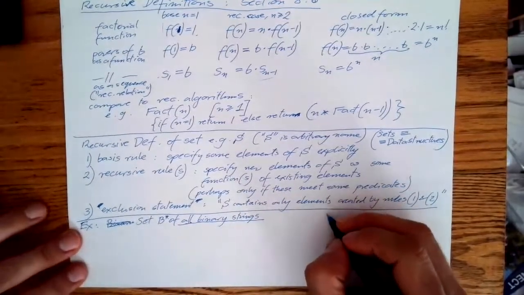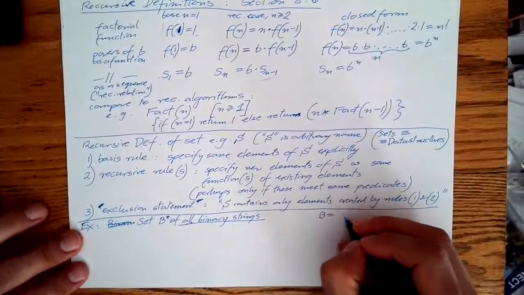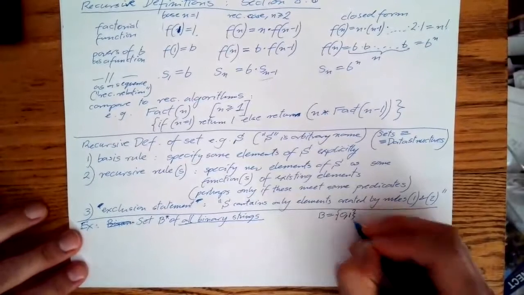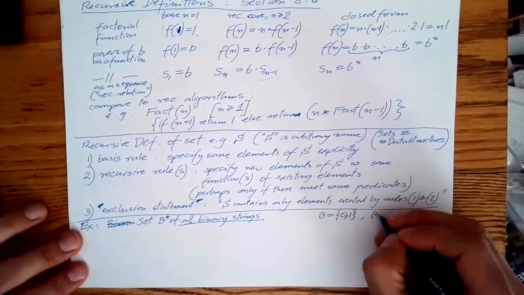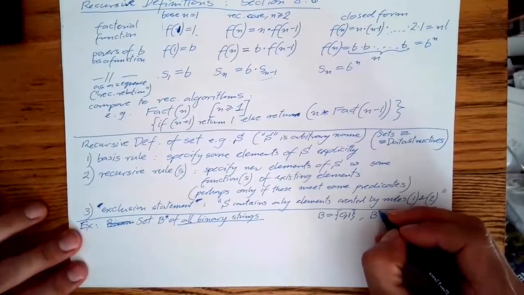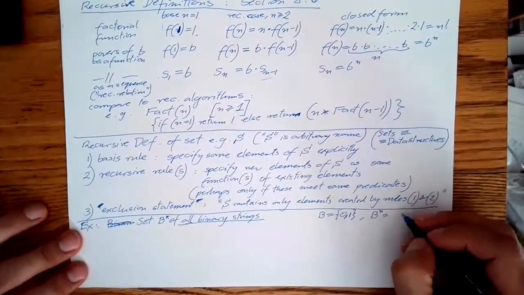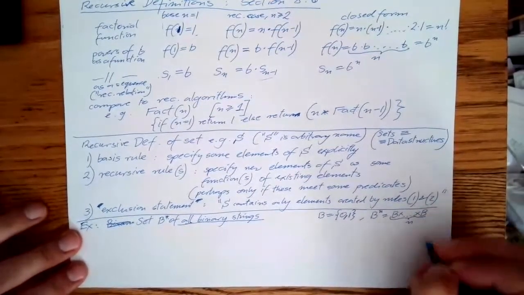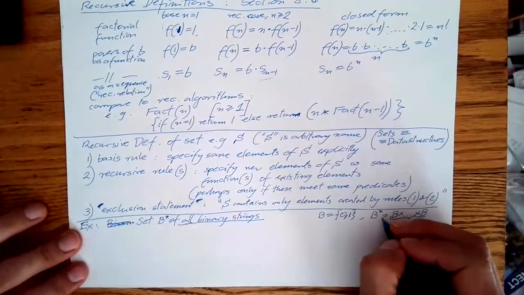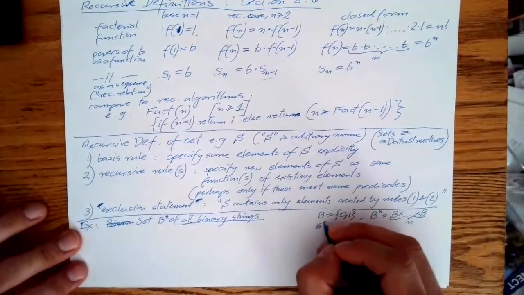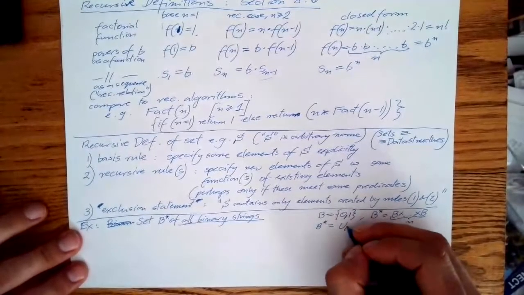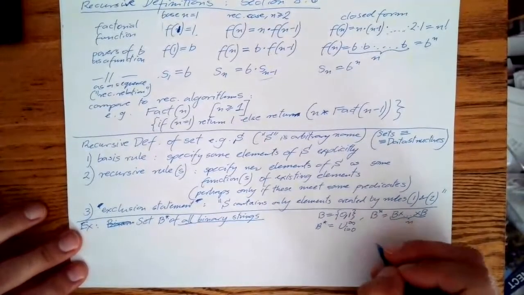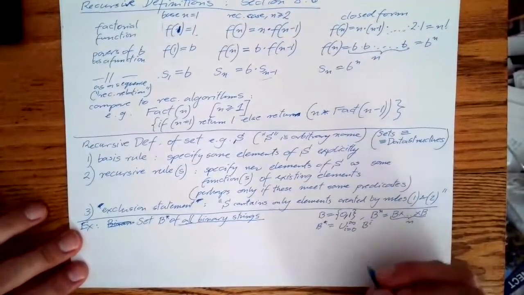Now, you might recall that we had a non-recursive definition of the set of all binary strings. B is a set of bits. B to the n is B cross product with B, n times. So this is a set of n-bit strings, and B star is defined as a union from 0 to infinity of Bi.